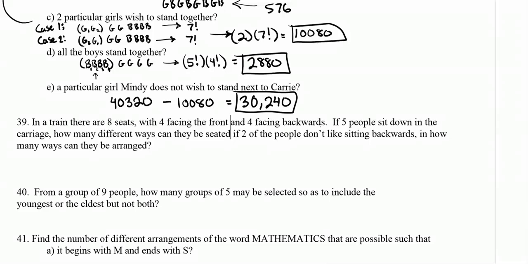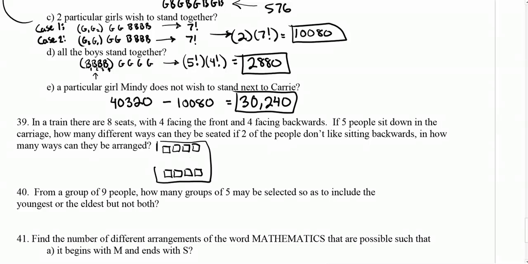So here's the case. We have 4 seats facing 4 seats. So here's seat 1, 2, 3, 4. Let's call those front facing seats. And then 1, 2, 3, 4. And then you're in this carriage here. Maybe here's the door that people would walk in and sit down.